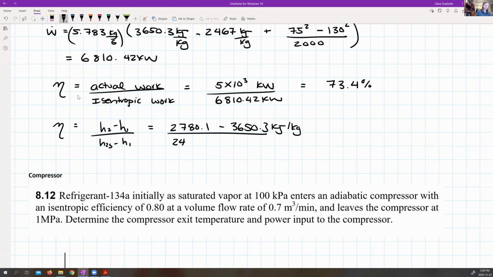Yes, 2,467.0 minus 3,650.3 kilojoules per kilogram will give me an efficiency of 73.5%. Well, we'll take the rounding, a little bit of rounding involved there. But that is my isentropic efficiency of a turbine.